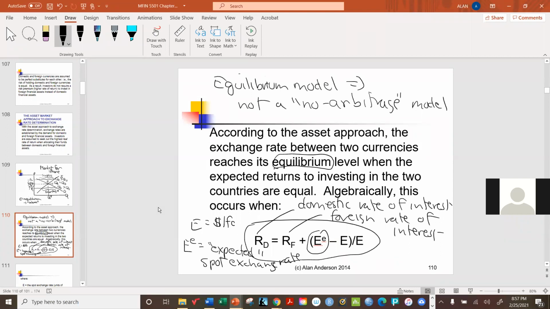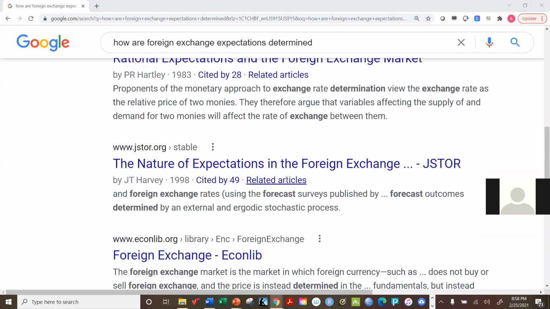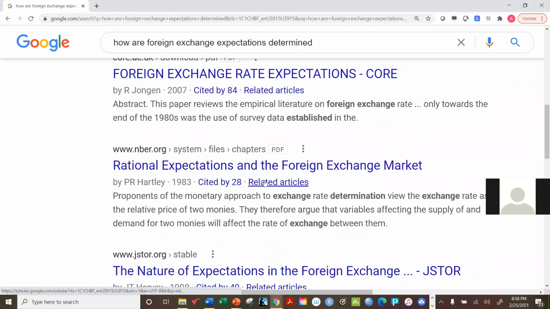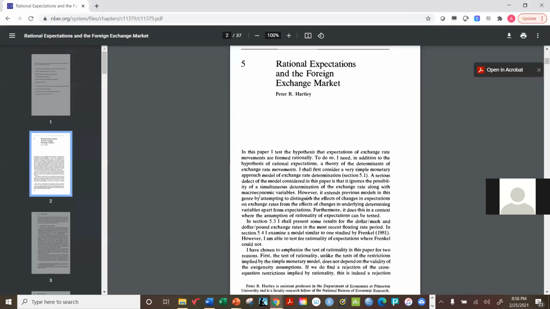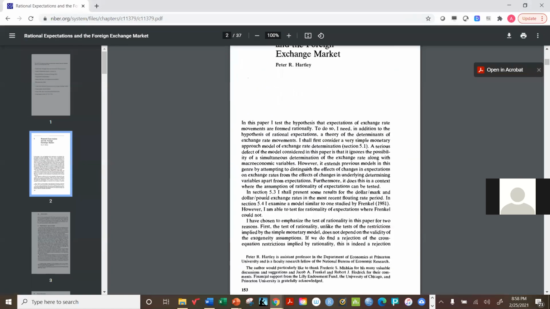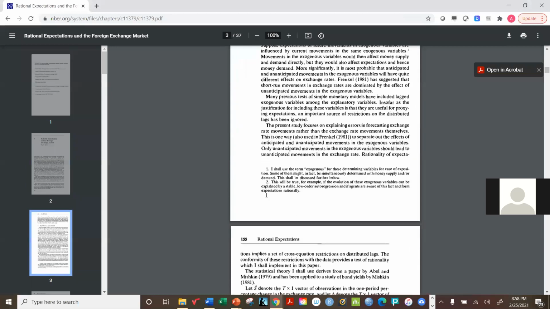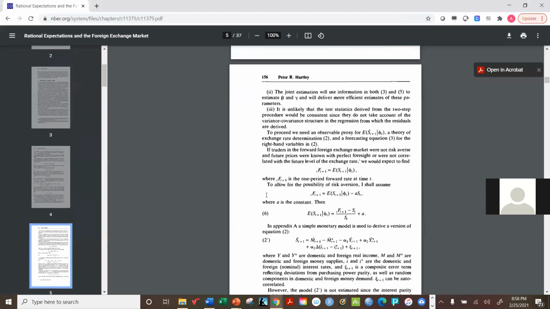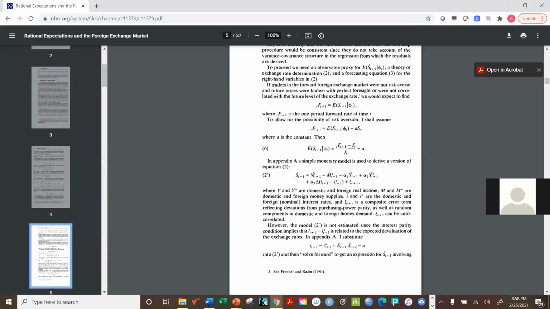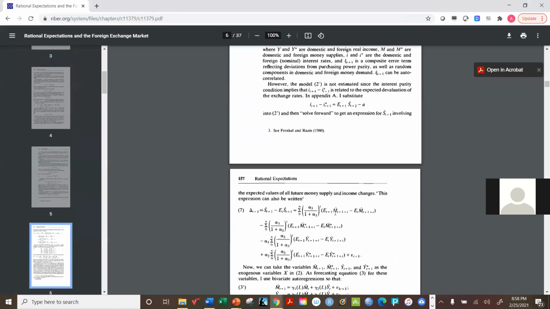Now, if not, there are other ways we can do this. There are models in economics of expectations that we could use. For example, we have a model called rational expectations, which we could use if we choose to do so. If we really believe that investors hold what we call rational expectations, then there is a specific way we can forecast their expectations. And you can see it's a very complicated process.